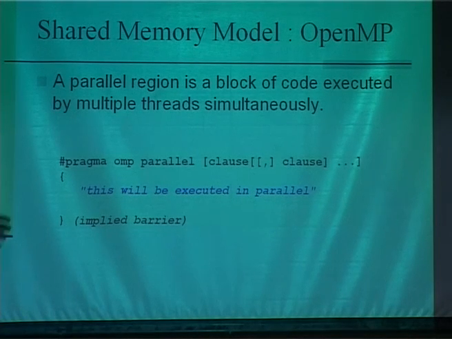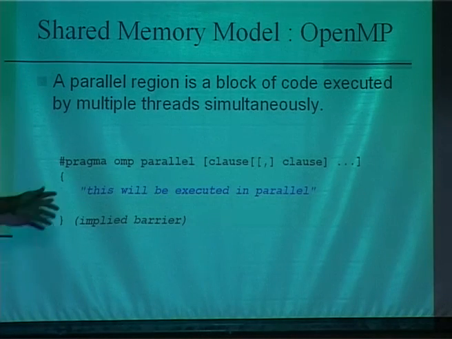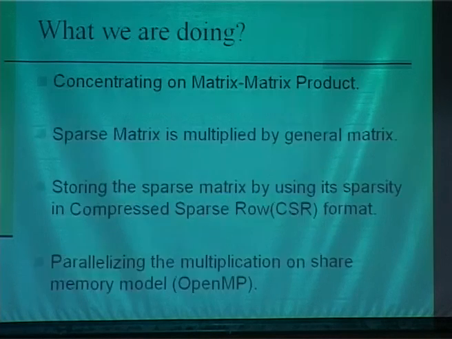So this simple parallel structure looks like hash pragma OMP parallel and some clauses. This is the region for parallel code, and what I'm doing is matrix product.